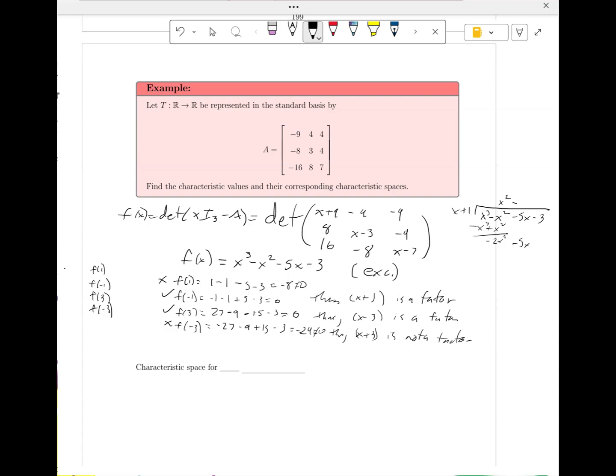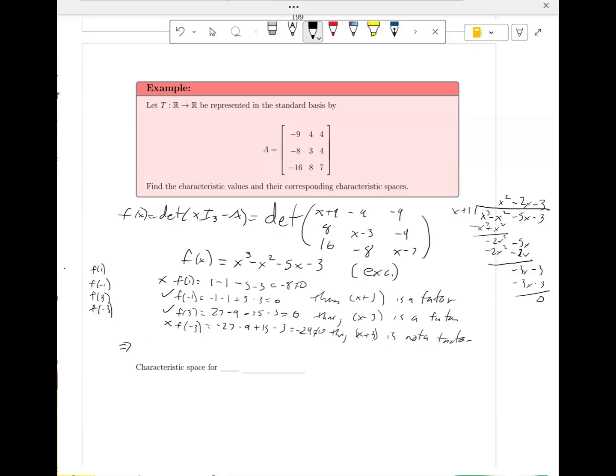This means I get minus 2x squared, minus 2x, leaves me with minus 3x minus 3, minus 3x minus 3 equals 0. If we did this calculation correctly, we're going to get a clean factoring.